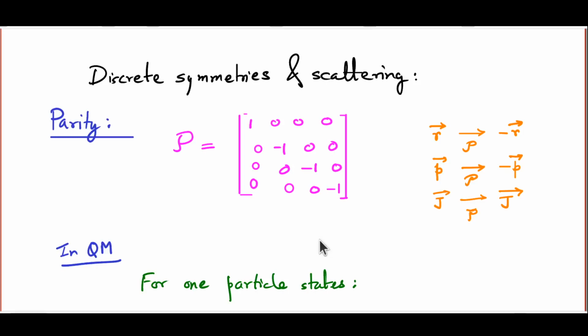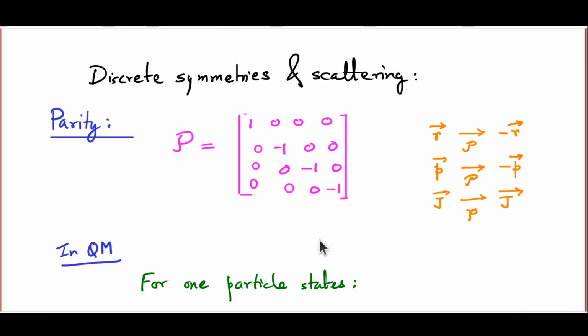Now, as we have already discussed in an earlier lecture, the unitary operator corresponding to this operation curly P, which we are going to write as capital P, exists only in situations where parity is a good quantum number, or equivalently the operation of parity or spatial reversal is a good symmetry of the system.